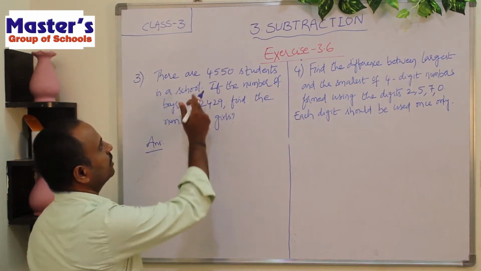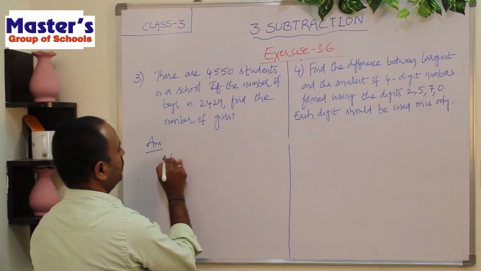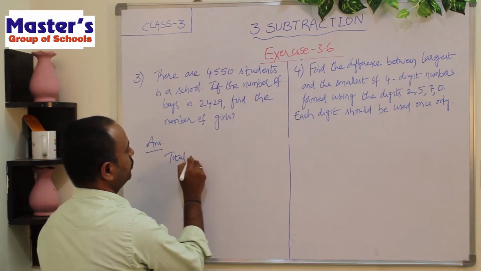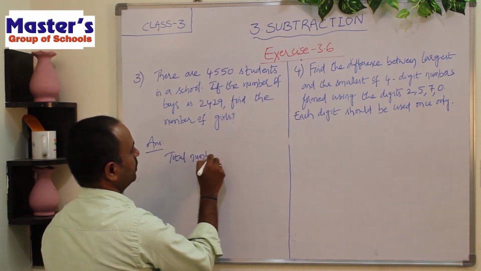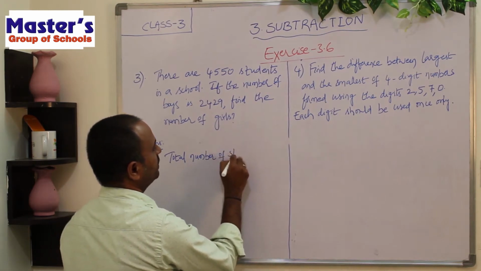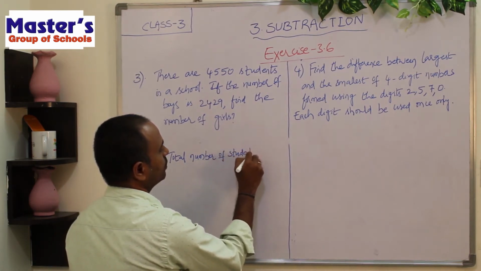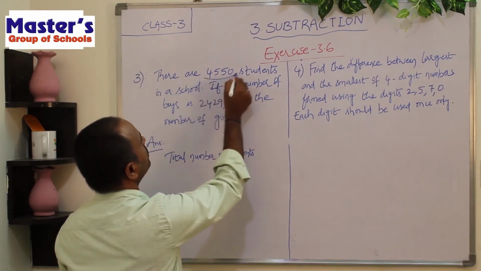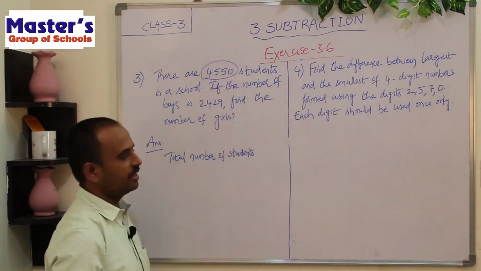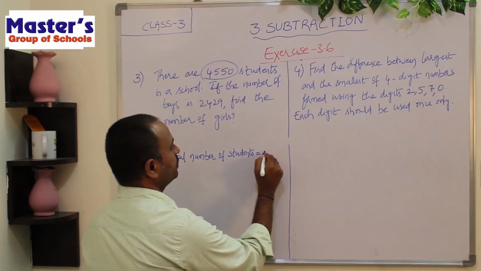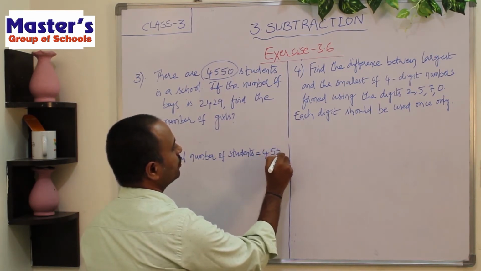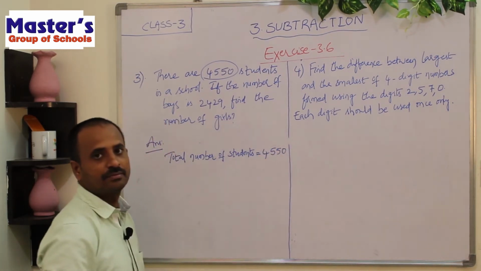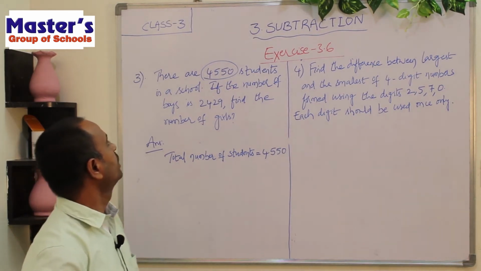Now, what is the total number of students? Total number of students is equal to 4,550. Next, what have they given in the problem?